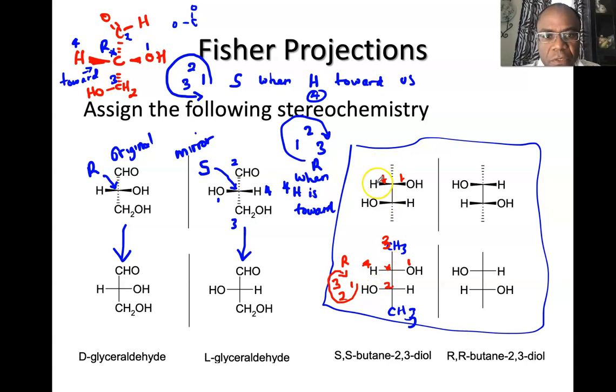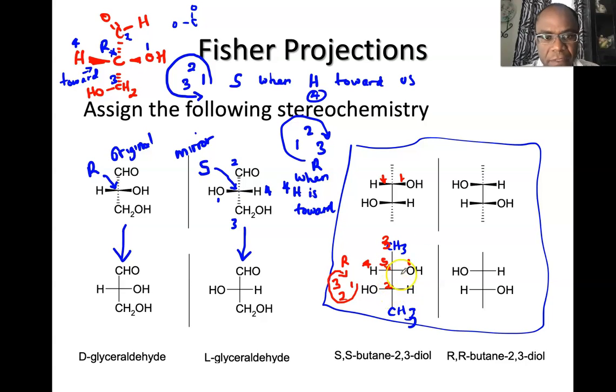But the smallest group is towards us, so the true assignment is an S, because before you assign the final answer like we did here, you have to make sure that the smallest group is away from you. Here it's on the vertical line, it's towards us. When it's towards us, it's an R. So when it's switched to be away, it should be an S.